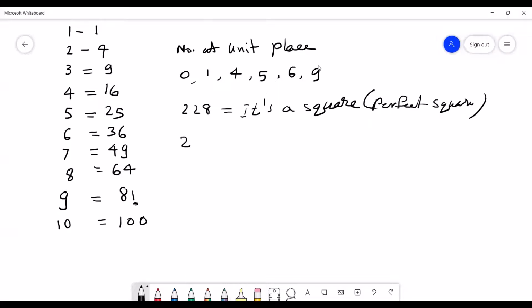Now let us see 25, whether it is a perfect square or not. 5 is the last digit. 5 is there in that unit place. Here also 5 is there in unit place. Yes, it is a square. Square means perfect square.